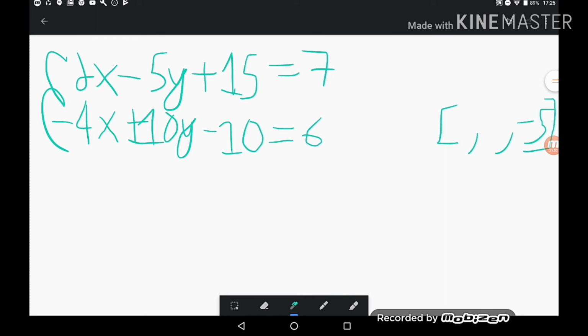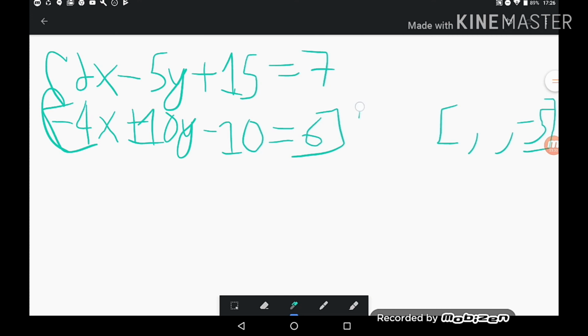Alright, so now this time I'm going to get rid of the x's. Okay, I'm going to keep my top equation again the same and only deal with the bottom one. So of course, now to make this a negative 2x, all I have to do is multiply by a half.